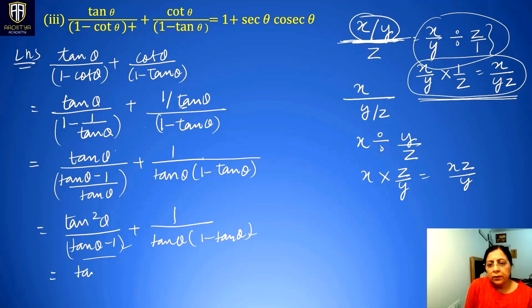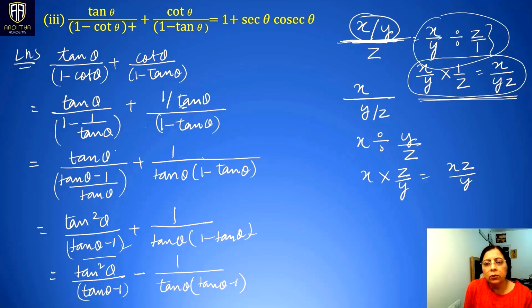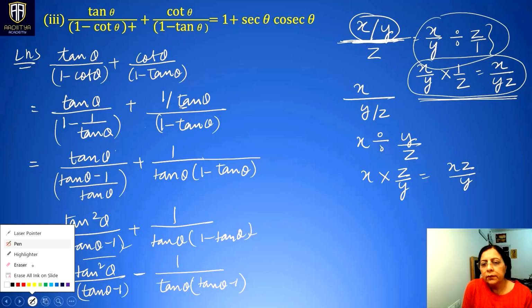So if you have a good hand at factorization, I keep this bracket same, the first one, and I take out minus sign outside, and this becomes tan theta, and in bracket instead of 1 minus tan theta I can write tan theta minus 1. I have taken minus sign common outside. This expression on whole becomes negative. Why I have done this? Just to make these two brackets same, exactly same, right?